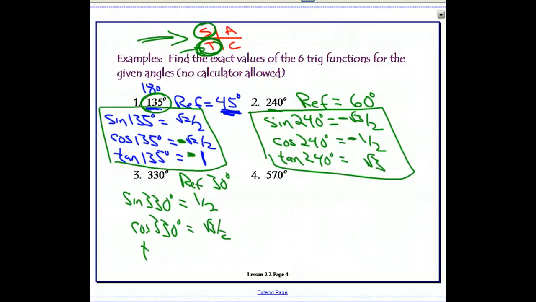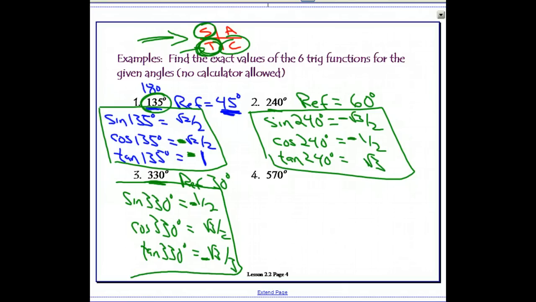And the tangent of 330 degrees is the same as the tangent of 30 degrees. Square root of 3 all over 3. A smart trig class. 330 is the fourth quadrant. Cosine is positive. Put a negative right there. A negative right there. You are done.